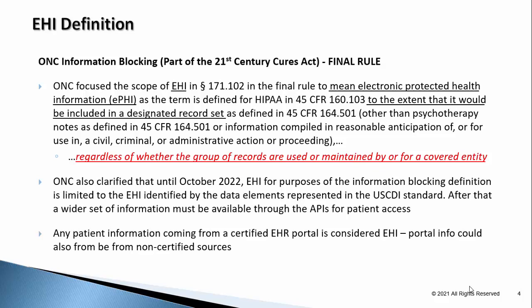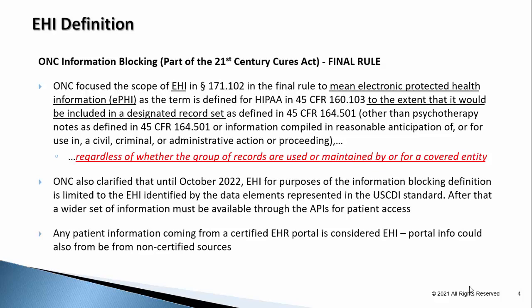They also, ONC, the Office of the National Coordinator for Healthcare IT, identified that on October 22, EHI, for the purposes of information blocking, is limited to the data elements represented in the USCDI standard, which I'm going to talk about in another snippet of video. But in other words, we're going to show what the USCDI standard is.